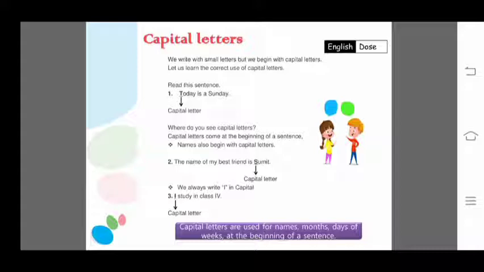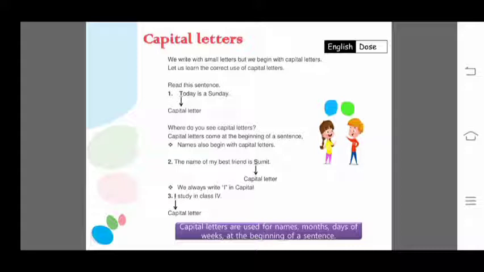Take a close look at the first sentence. What have you found in it? If we read carefully, we come to know that most of the letters are small, except the two letters T and S. T of Today and S of Sunday.